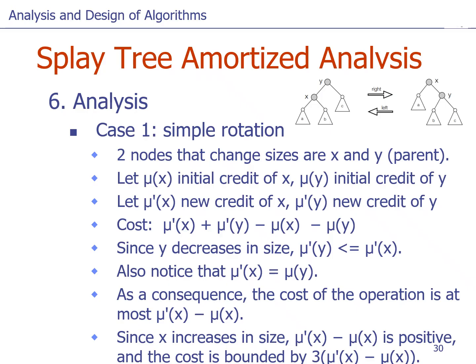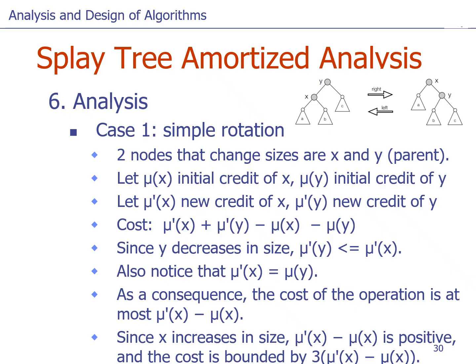By the way, we're doing this after displaying of X. So this tree has been around for a while. There have been many operations, we don't know how many, and as X was being pushed up or pushed down, we were accumulating dollars, or we were removing dollars from its bank account, and the same thing for Y. But what we are focusing on now is just the changes to X and Y bank balance.